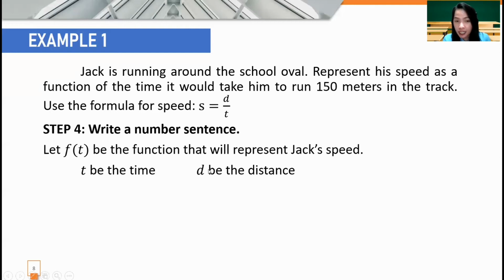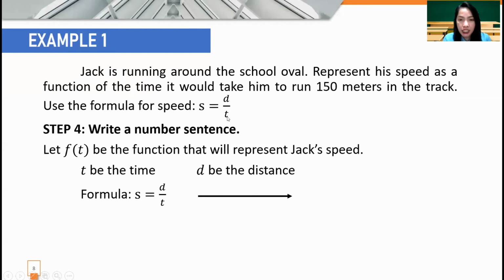Sinabi ko na kanina na meron namang given na sa problem na d, which is 150 meters. Given the problem, we have to substitute ang s or speed ay f of t na for the function notation. Ang d ay 150 meters, that is the distance, at ang t is the time.